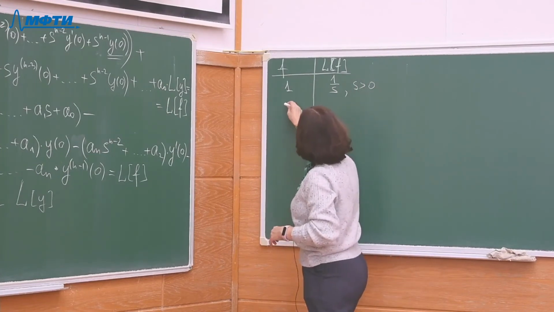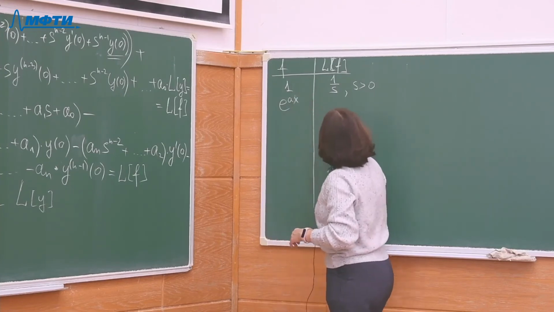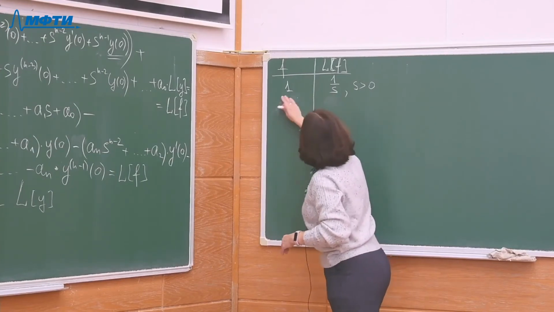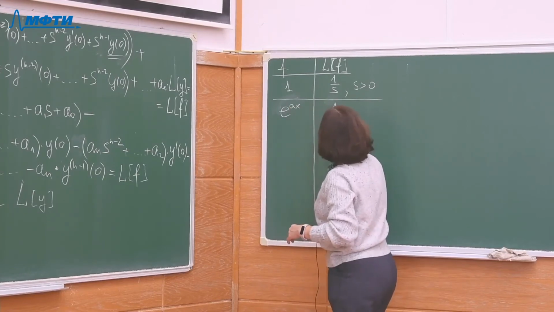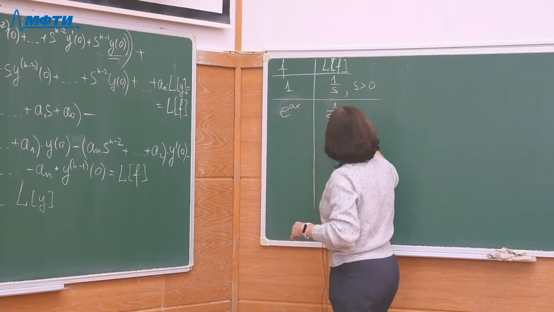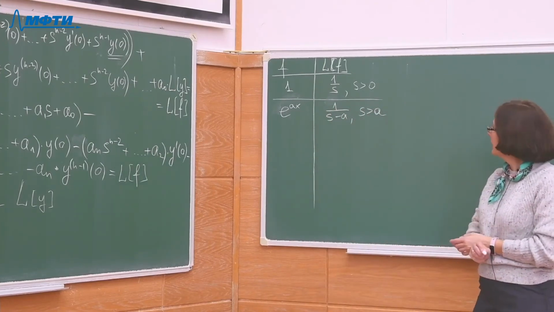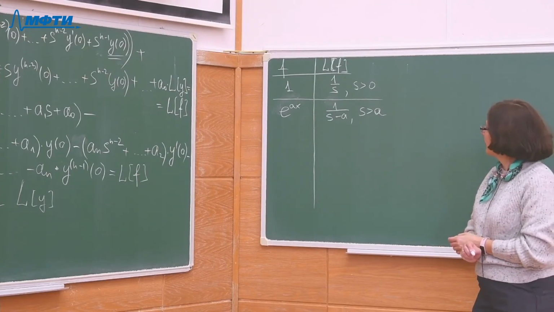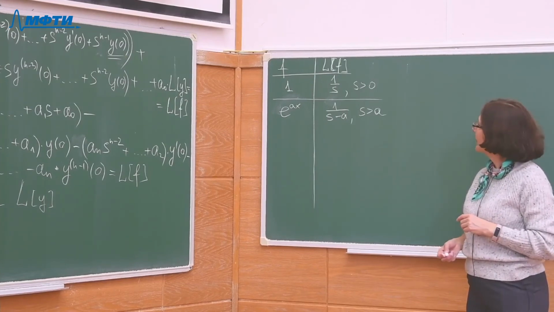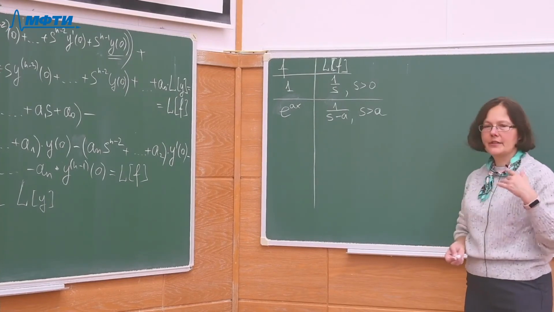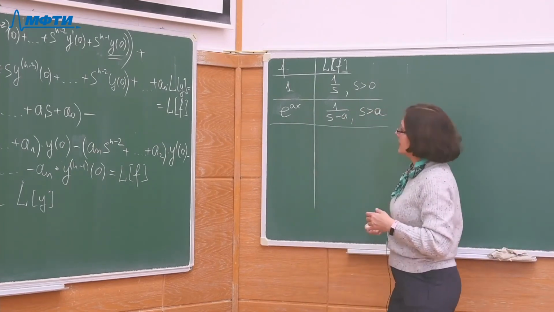If f is equal to e to the power a x, then the Laplace transform would be 1 over s minus a, for s greater than a. This was obtained in example number 1. And now I want to continue this construction.